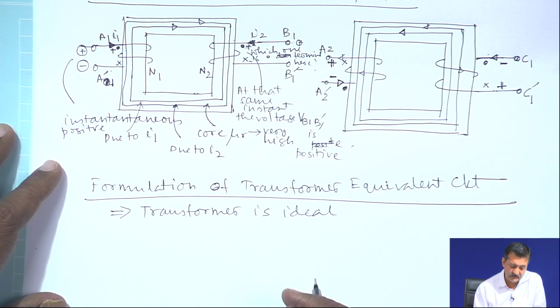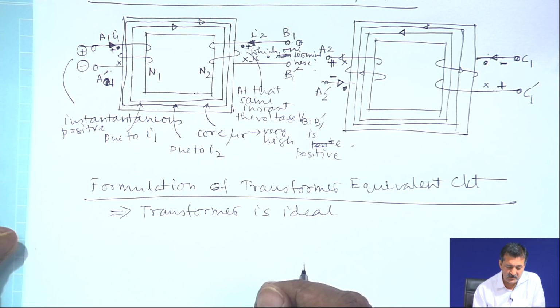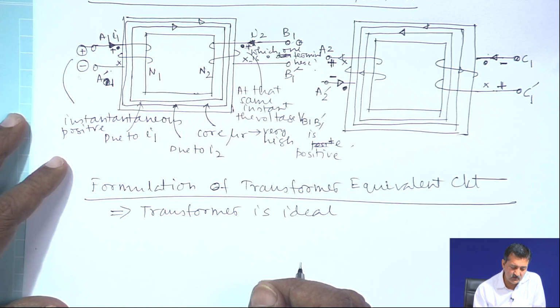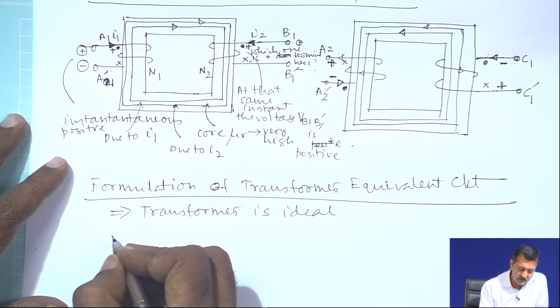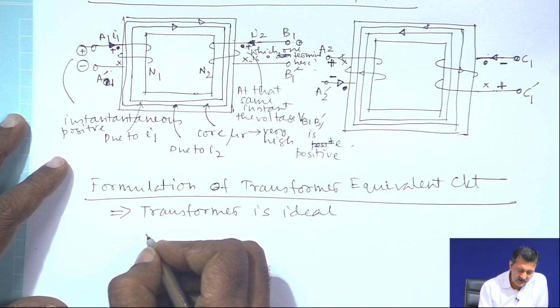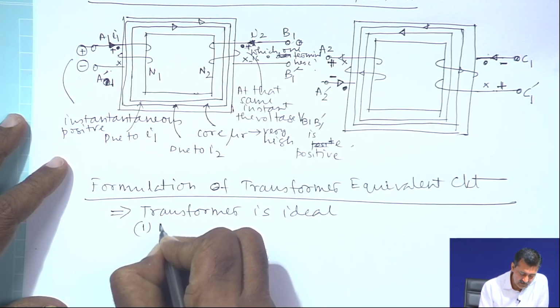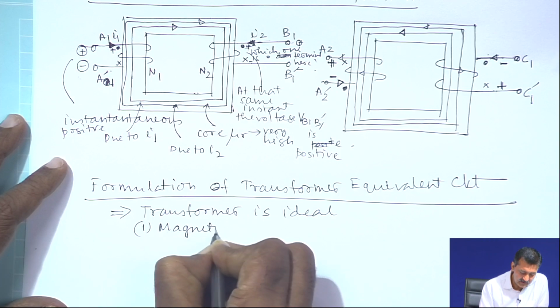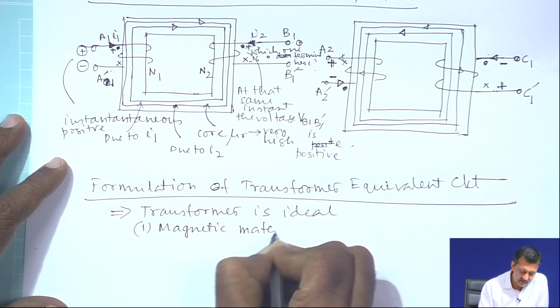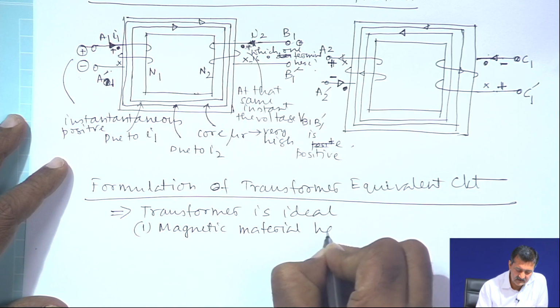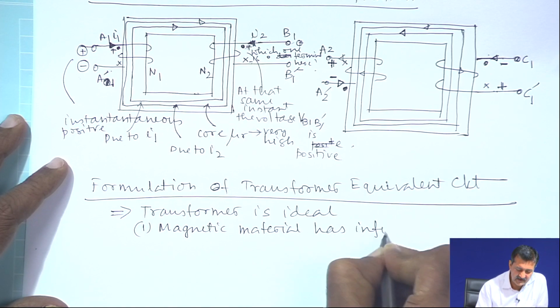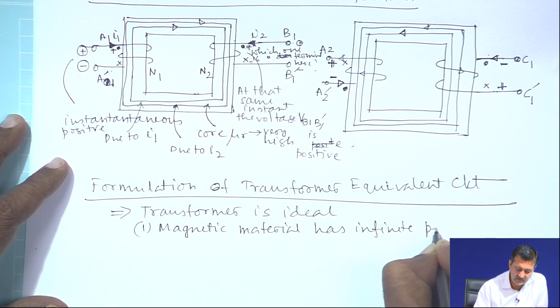How do I define it? The ideal transformer has to be defined from the construction point of view. From the construction point of view, what we are defining is that one point is that this transformer, the magnetic material, number 1, magnetic material has infinite permeability.